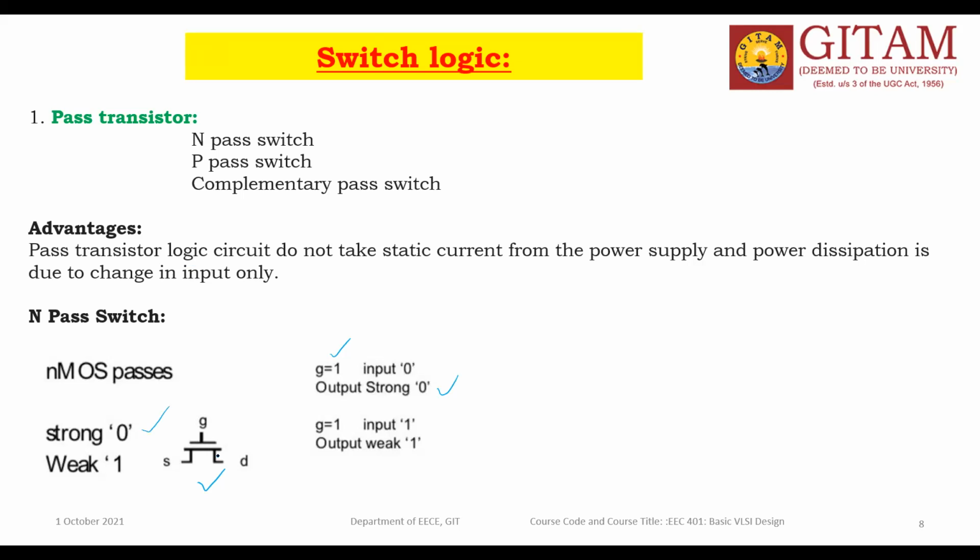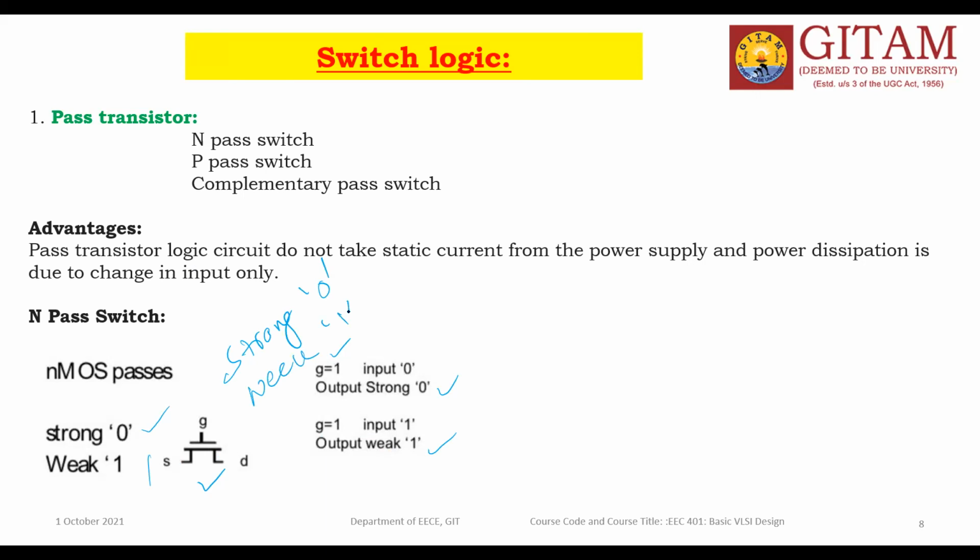If the input is 1, then the output is 1. Generally, for an N pass transistor, it can produce strong logic 0, but it produces weak logic 1. Why weak logic 1?